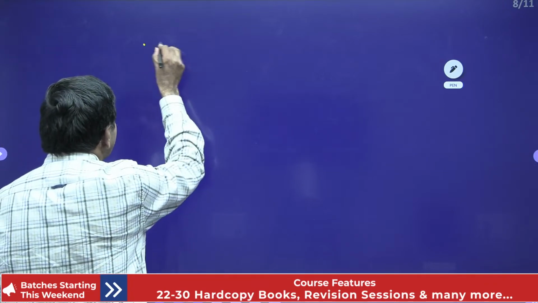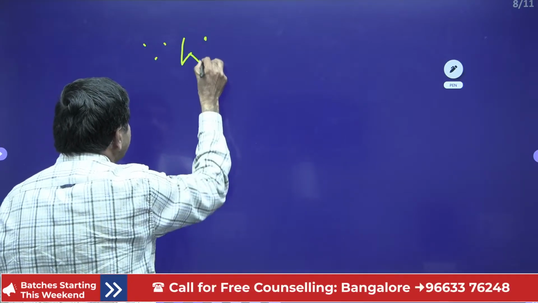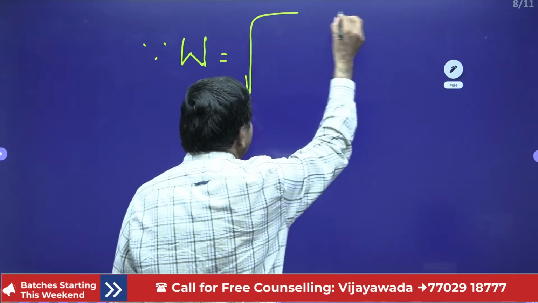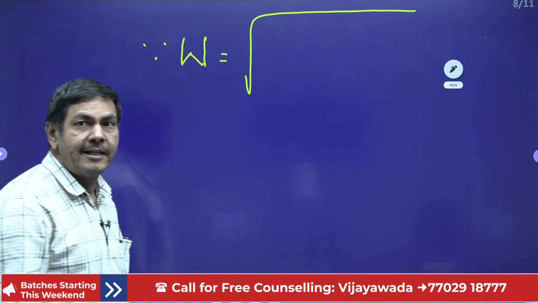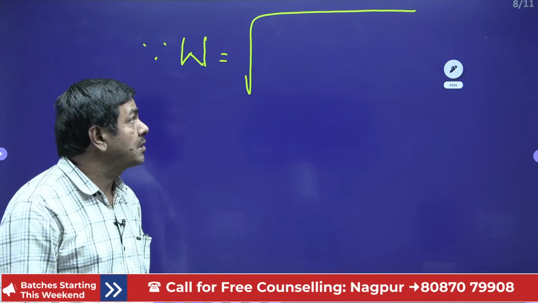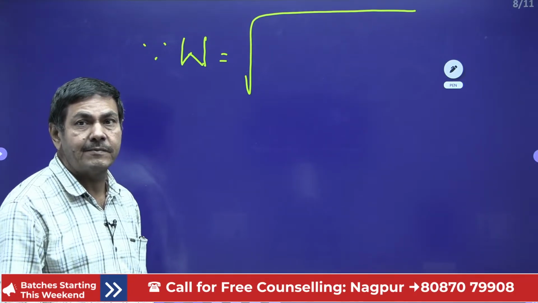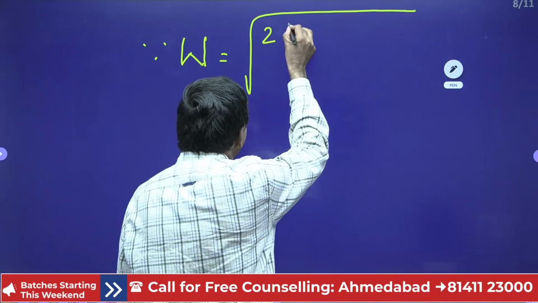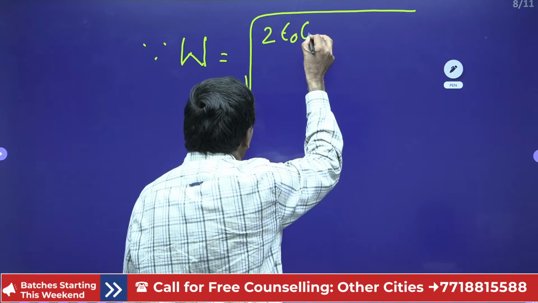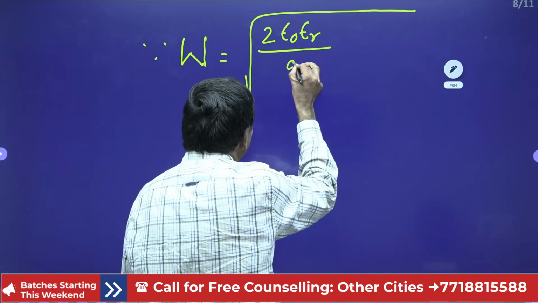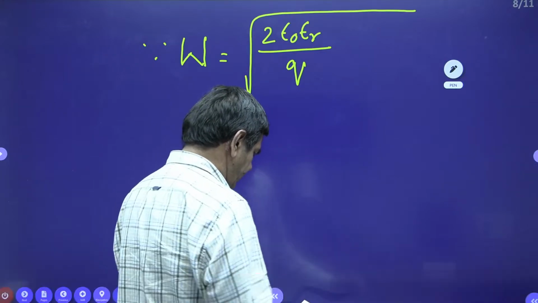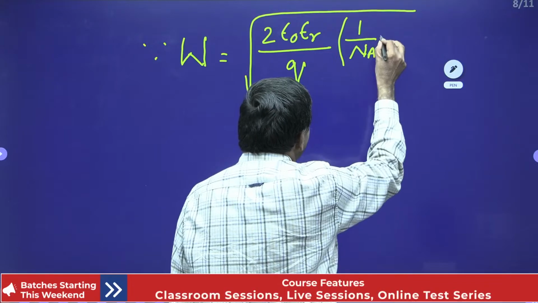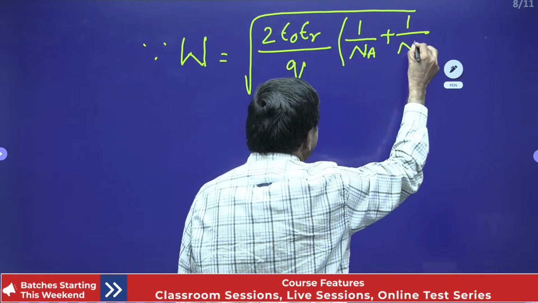The width of the depletion layer W is calculated by the square root of 2 epsilon divided by Q, into 1 by NA plus 1 by ND. Epsilon is epsilon naught epsilon r. These are very important formulas in competitive exams, even in PSUs, the GATE exam, and the engineering services exam.